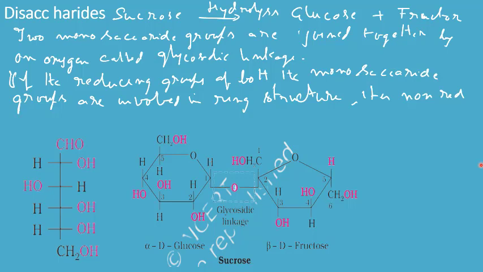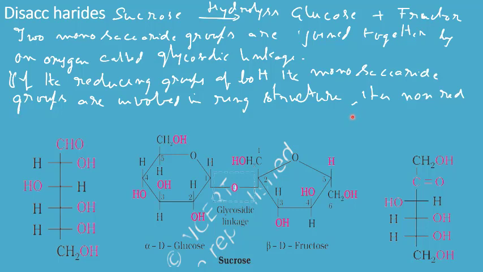Similarly, in fructose also, this is the reducing group. Since this reducing group is involved in the ring structure, this group is also no more a reducing group. Thus, sucrose is a non-reducing sugar. Non-reducing carbohydrate means both the reducing groups of the 2 monosaccharide units are involved in the ring structure.